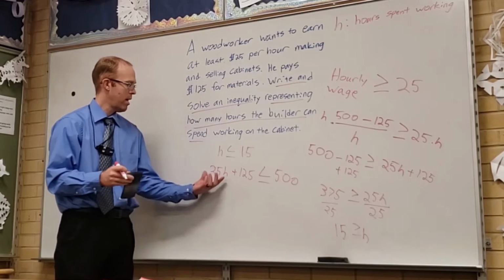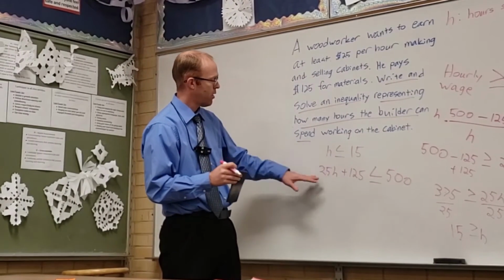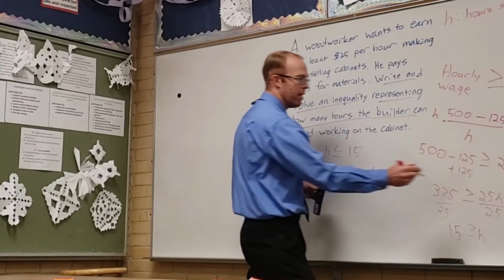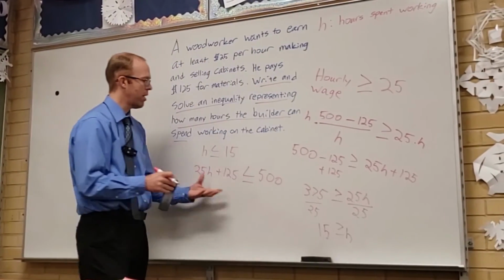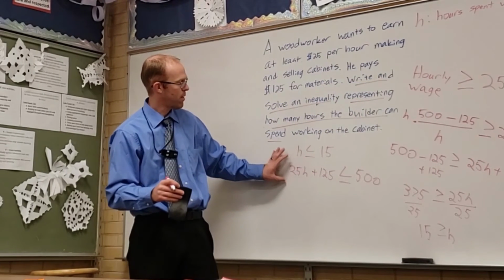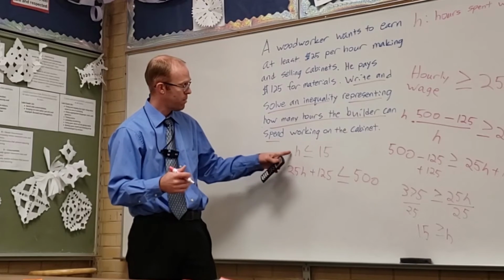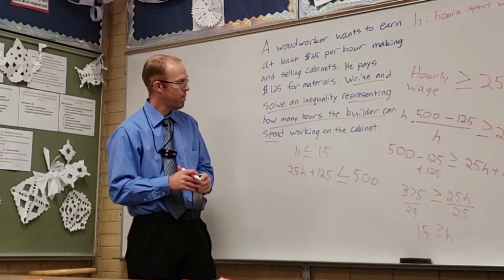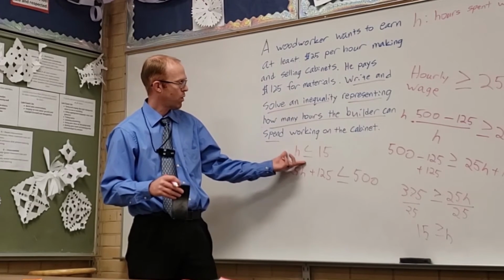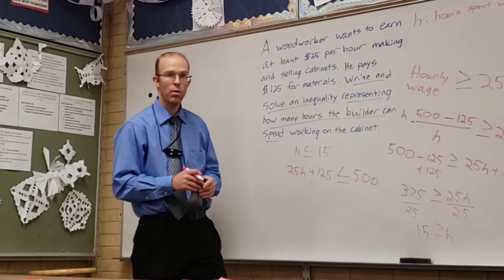That would mean that your hourly rate would end up being higher than $25 per hour. So we could get that by rearranging this. My personal preference is to think of it this way, but I've seen some people have really great success with this method as well. It doesn't matter, we'll end up solving and getting the same thing either way. So we're done with that. We know that we can work for 15 or fewer hours and successfully accomplish what we want.